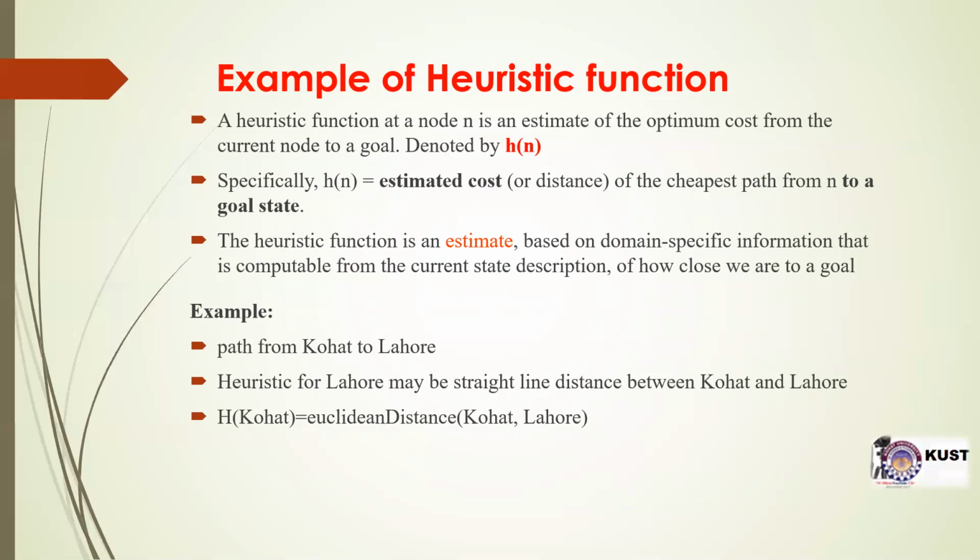This path guesses the distance without obstacles, that is without mountains, curves, turns, bridges, etc. It is just a straight line on a map from Kohat to Lahore. This can be done by estimating the Euclidean distance between the two states, or you can say two cities. That distance is known as heuristic distance or heuristic cost between the two cities.